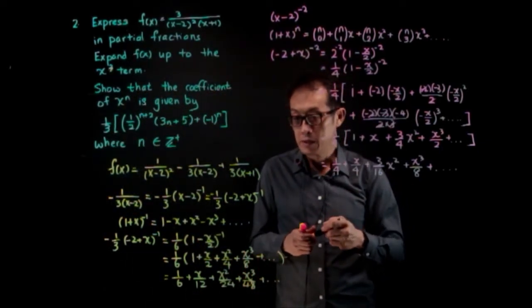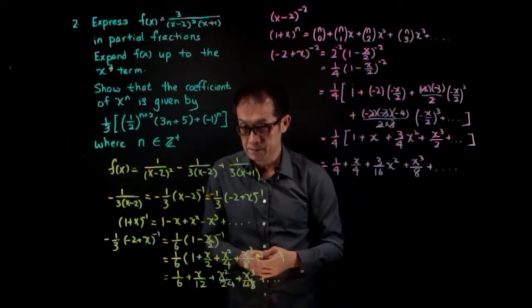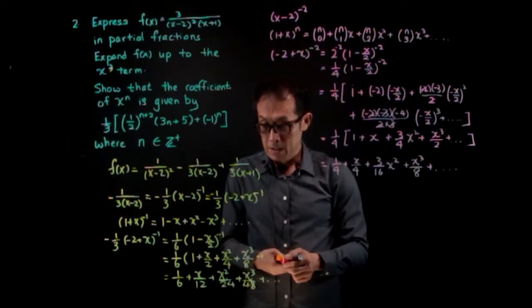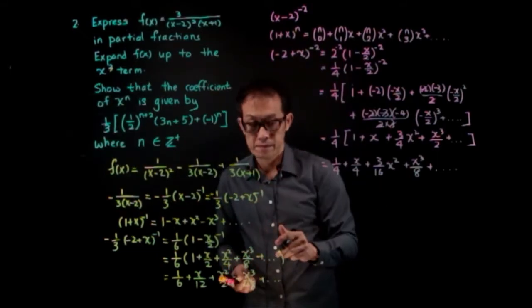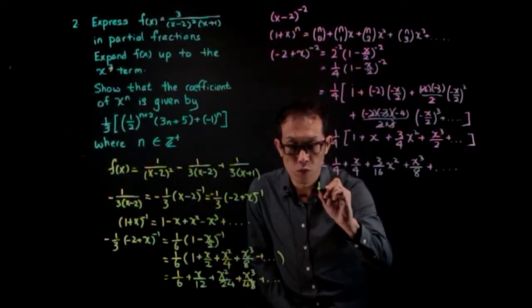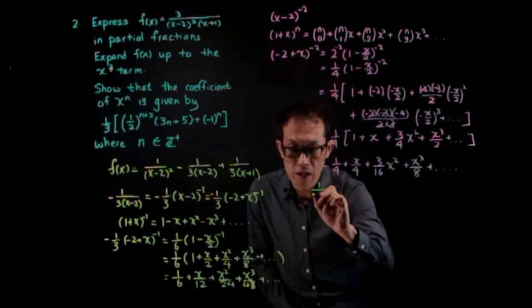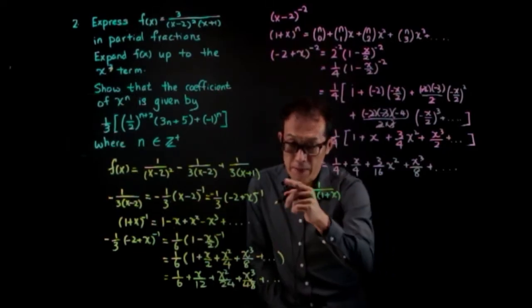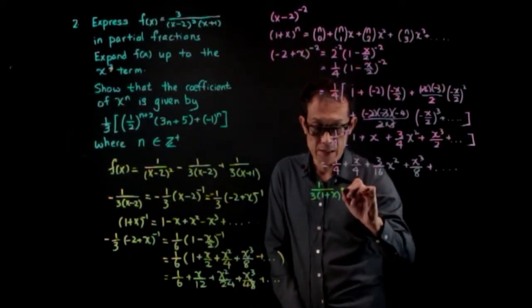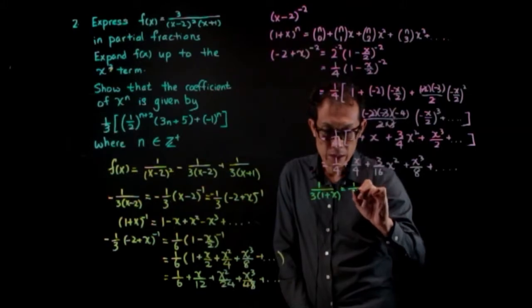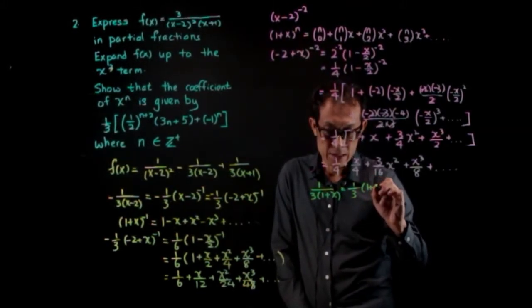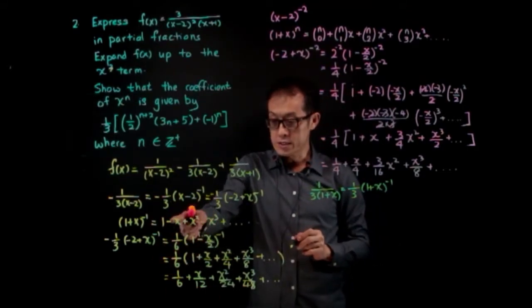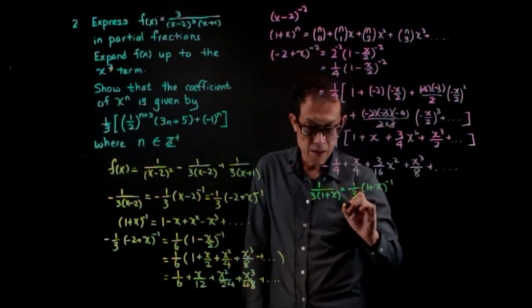Now how about this term? For the last term, we have 1 over 3 to the power of 1 plus x. x plus 1 is the same as 1 plus x. So what will we get? We get 1/3 into 1 plus x to the power of minus 1. Now you can use this standard expansion.